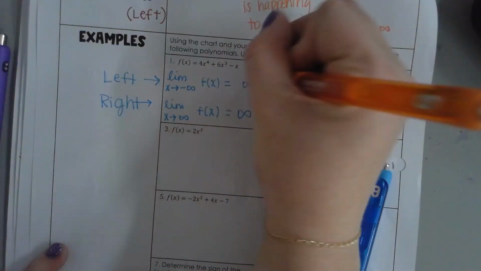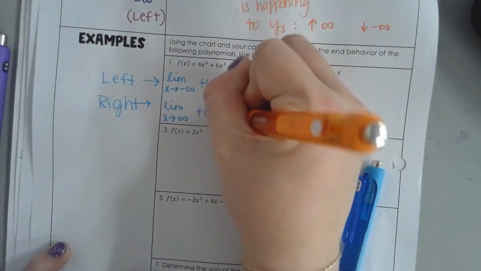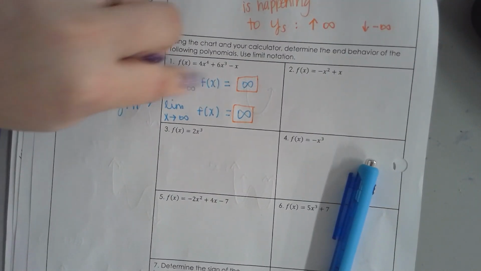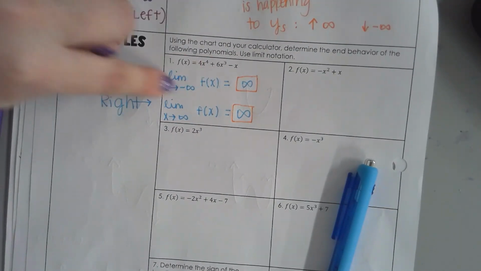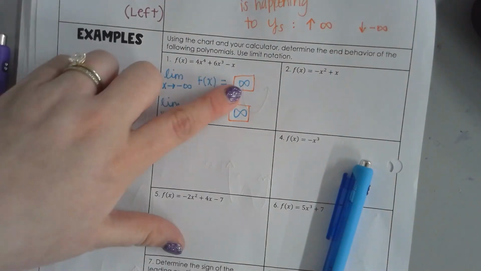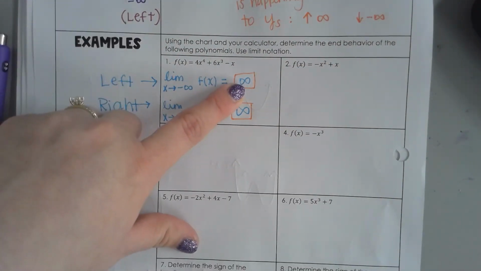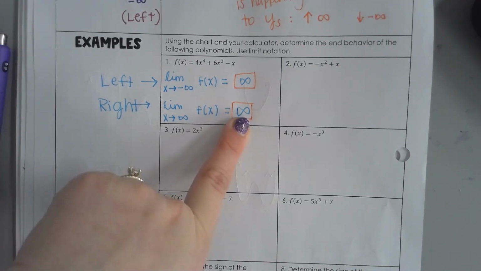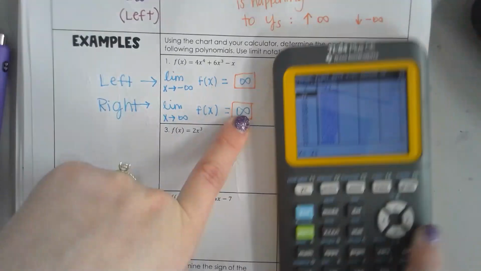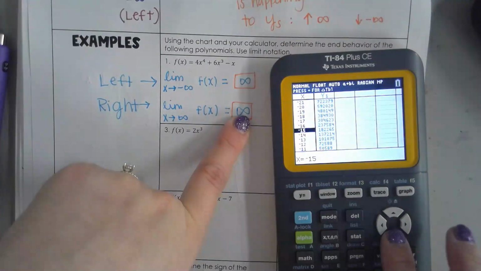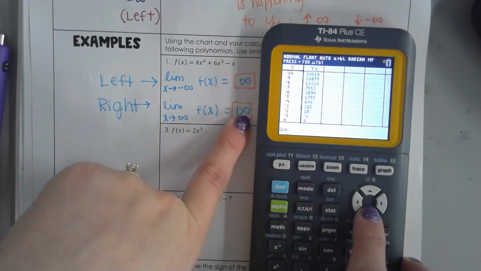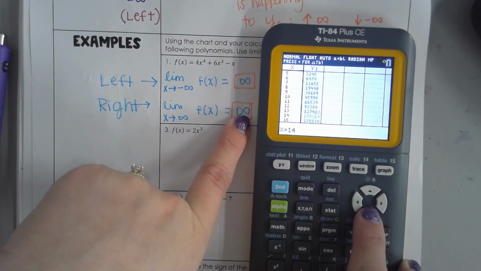Right here, this is really just what you're filling in. When you're asked for end behavior, you're going to write both of these every time. This is saying what's happening to the y's on the left, what's happening to the y's on the right. We can look at the table: as my x values get bigger, my y values also get bigger.